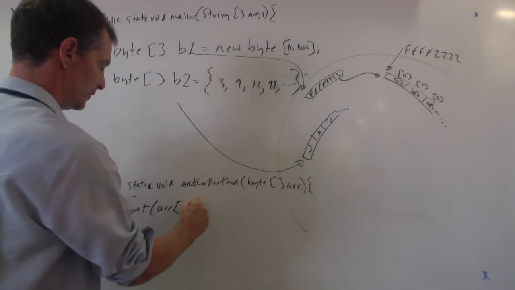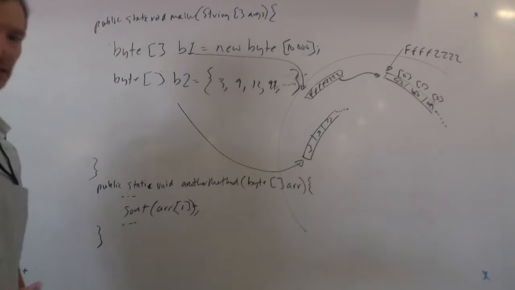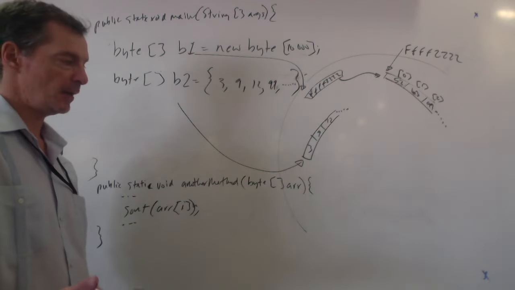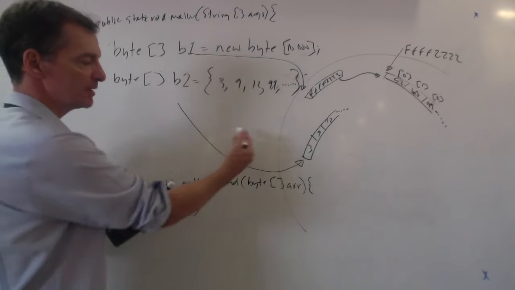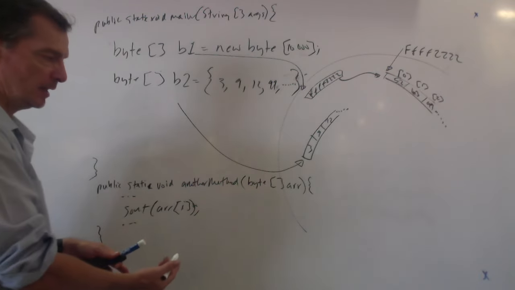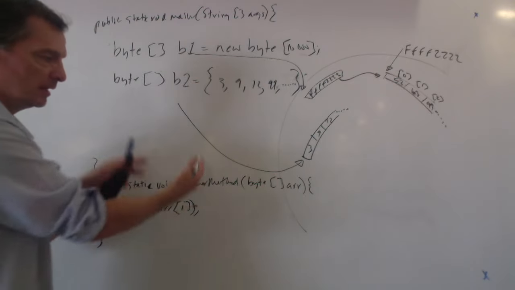You just have to imagine something there that's doing something with the array. So the idea, if you don't know how method parameter passing works, is that sometimes methods require information sent to them to work a certain way. This another method is going to do something with this array that it receives.